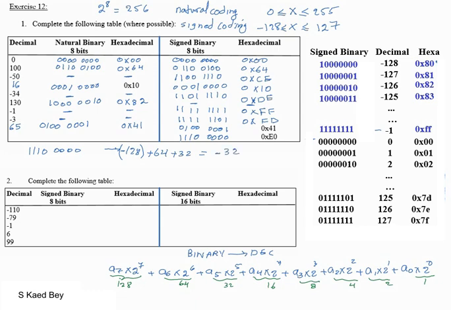Now, since negative 32 does not belong to the natural coding range, this cannot be represented in a natural coding representation. So that will be not applicable here.